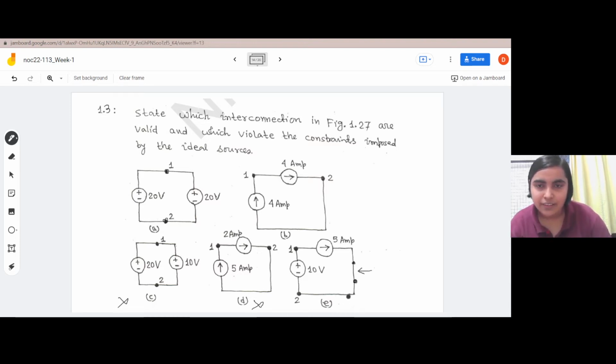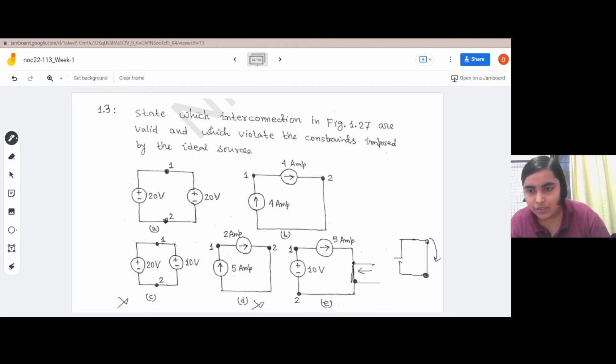Anyone disagrees? Ma'am, but here the load is not connected. Yes, but this is short circuited, right? Imagine this was the output terminal. It has been short circuited. If it were open, suppose there is a voltage here and an open circuit, then current wouldn't have any path to flow, right?